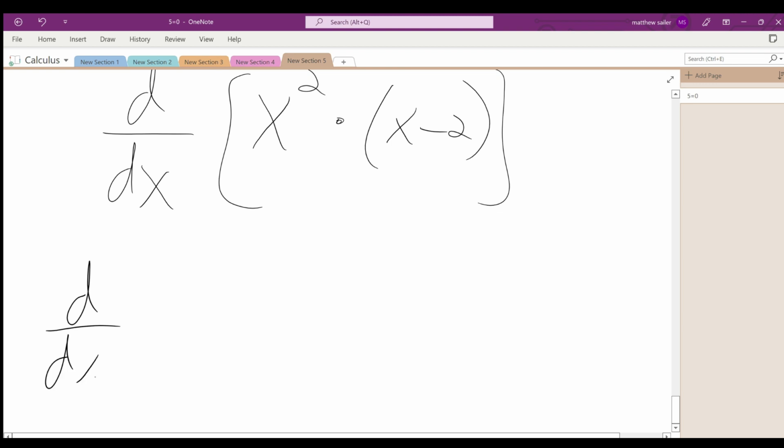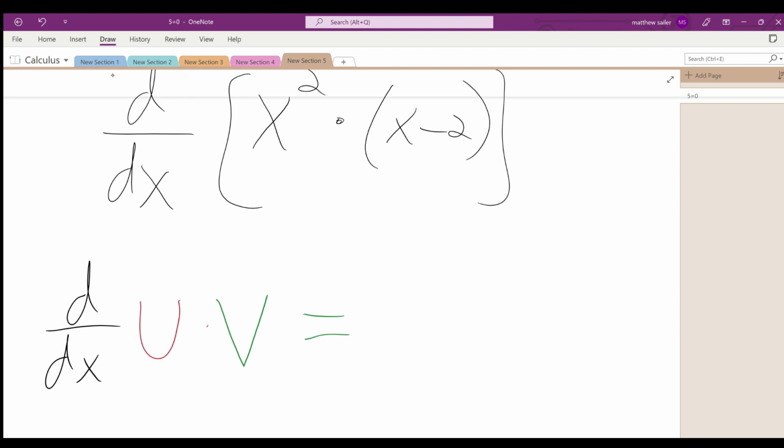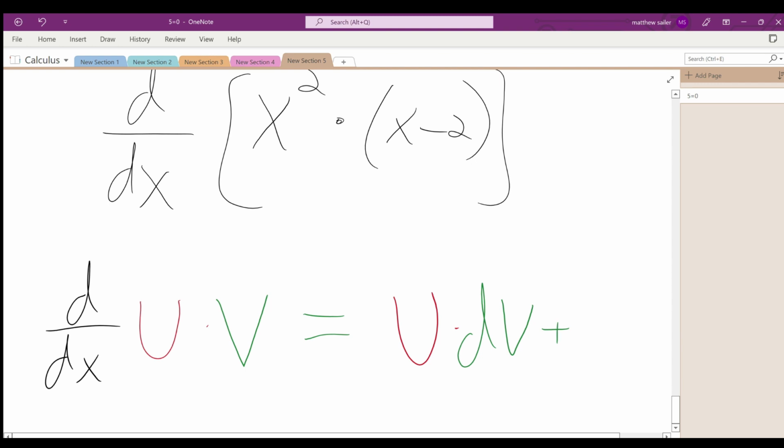Okay, so we said the derivative of u times v equals u times dv plus, that should be a v times du, not dv times v.